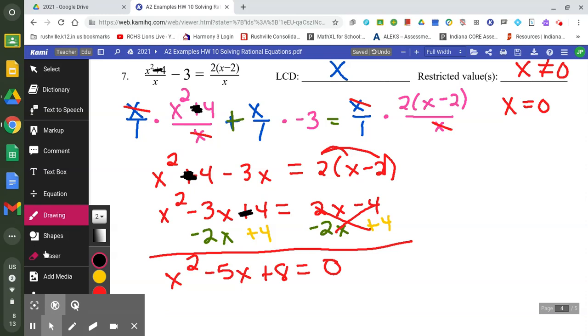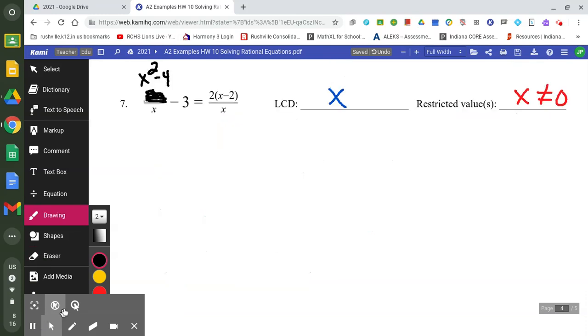Okay, I'm going to erase this. Okay, so I needed to change the problem. This actually needs to be x squared minus 4 for this to work out the way it's supposed to work out. So you may have to go back and get rid of some of that video.